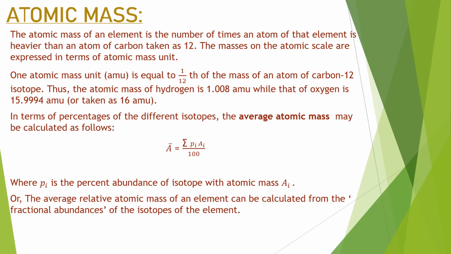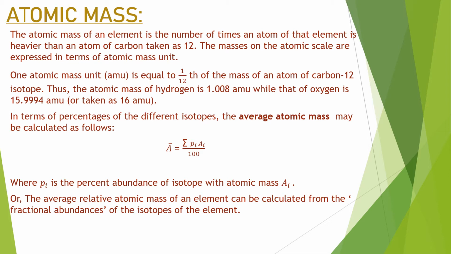So we can define the atomic mass of an element as the average relative mass of its atoms as compared with an atom of carbon-12 taken as 12. There are various atomic masses. You must be knowing the atomic masses of aluminium 27 U, boron 11 U, calcium 40 U, chlorine 35.5 U, and so on.